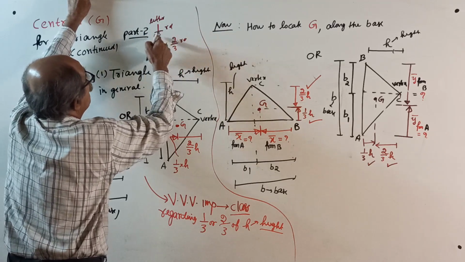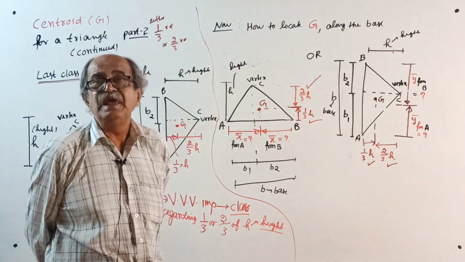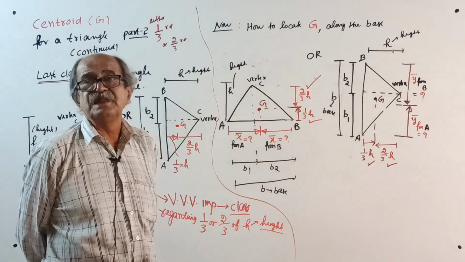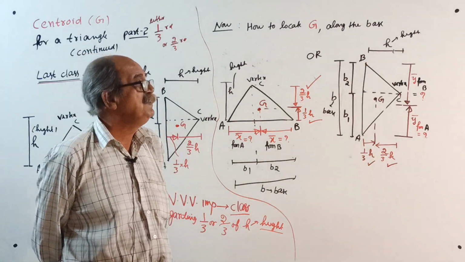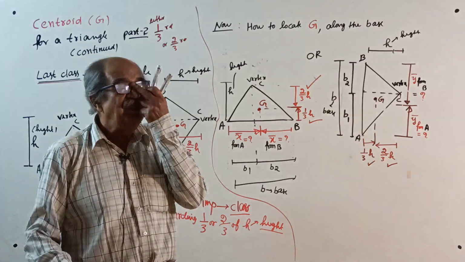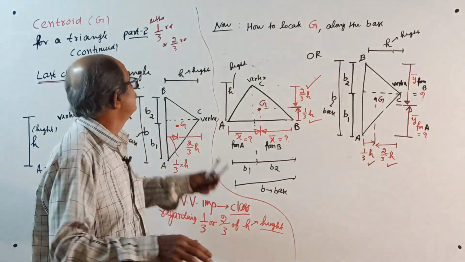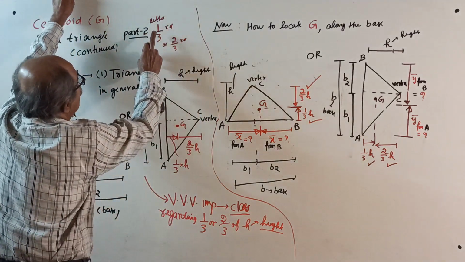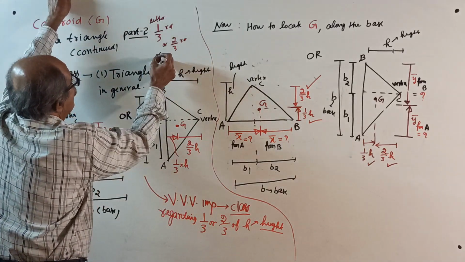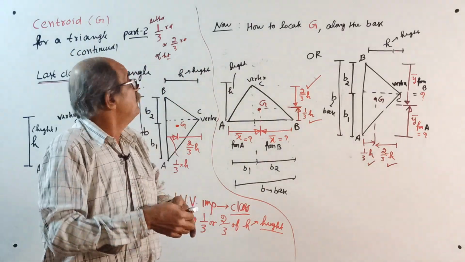Some people say 1/3 wrongly; either say 1/3 or 2/3, like x square or x power 2. So it is either 1/3 or 2/3 of height. You should write it as measured 1/3 or 2/3.